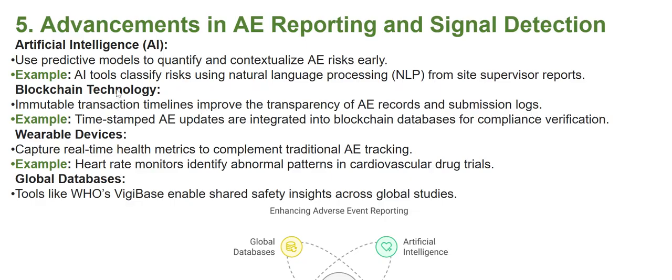Blockchain technology, the audit trail system: immutable transaction timelines improve the transparency of adverse event records and submission logs. Example: time-stamped adverse event updates are integrated into blockchain databases for compliance verification. Wearable devices capture real-time health metrics to complement traditional adverse event tracking. Example: heart rate monitors identify abnormal patterns in cardiovascular drug trials.